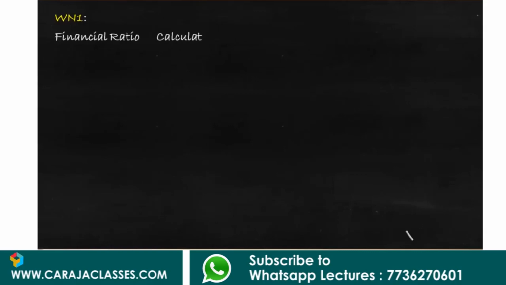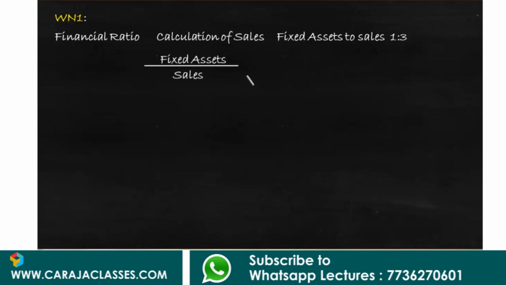We have fixed assets to sales is 1:3. With this information we are going to calculate sales. What is the ratio of fixed assets to sales? It is 1:3. That is, fixed assets divided by sales is equal to 1/3, or fixed assets is equal to 1/3 of sales, and we have fixed assets equal to 26 lakh.